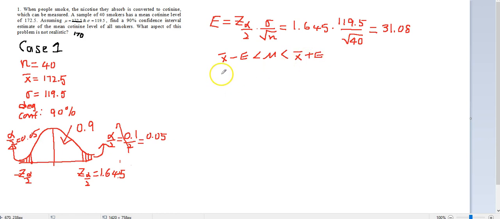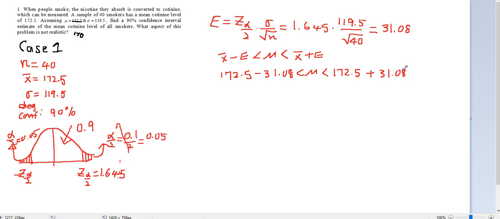So the x bar was 172.5, minus the margin of error 31.08, and 172.5 plus the margin of error of 31.08. Alright, so let's find out what we have on the left.